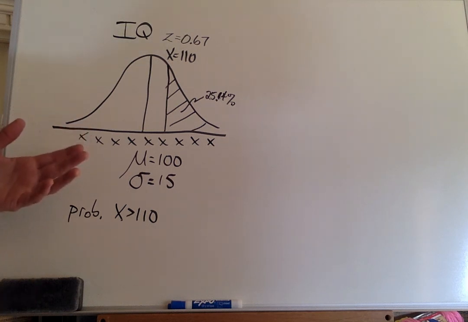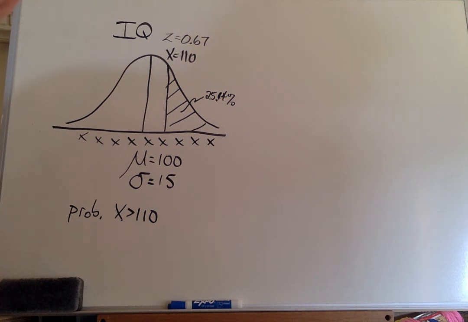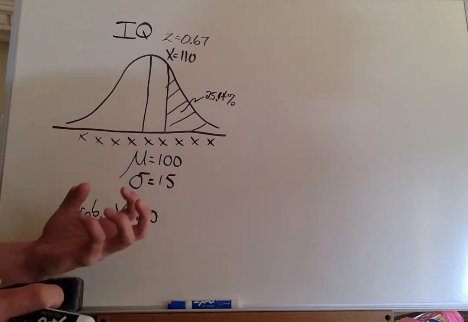This should be review. But now what I want you to do is, using IQ scores, what is the probability that we would get a group of, let's say, 6 people whose average IQ is 110? And here I want to take just a random sample.